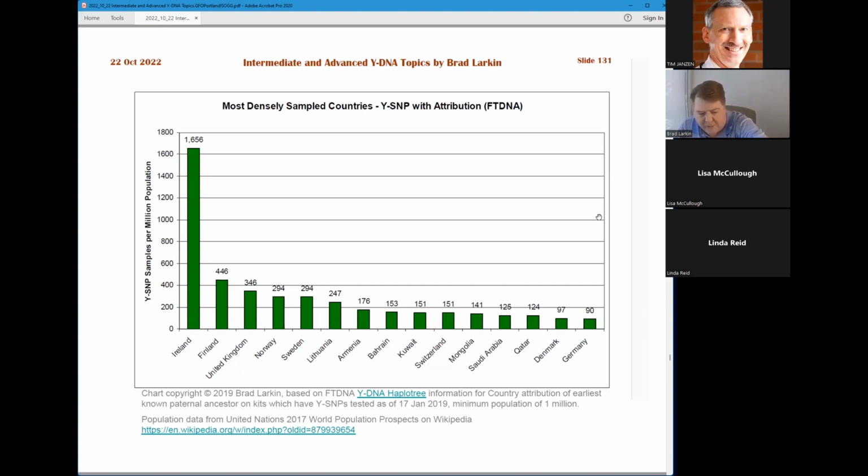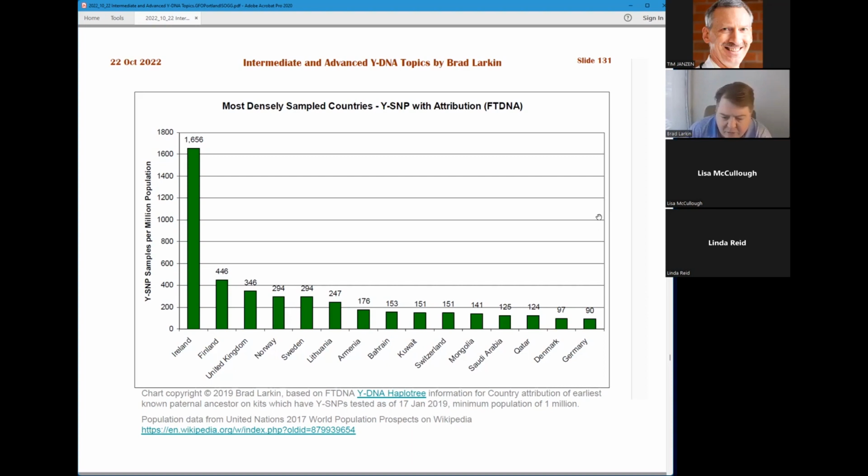So Ireland, 1,656 Y-DNA samples per 1 million population. Pretty high, higher than most other places. Finland, 446, United Kingdom, 346, Norway, 294. Look toward the right, places you might not know about: Saudi Arabia, 125, Qatar, 124, Mongolia, 141, Denmark.